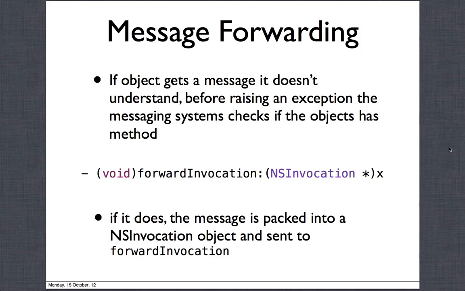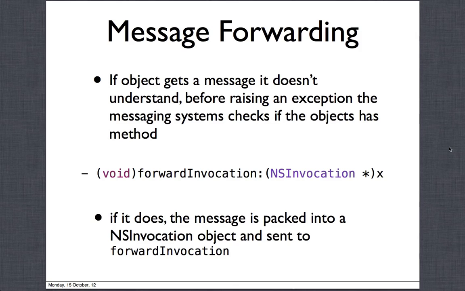But before raising an exception, the messaging system checks if you, the object, have a method called forwardInvocation. In other words, it checks if you, by any chance, have some ability to forward the message you don't know how to understand to somewhere else. So if you do have this method, the exception is not raised, and the message is being forwarded.